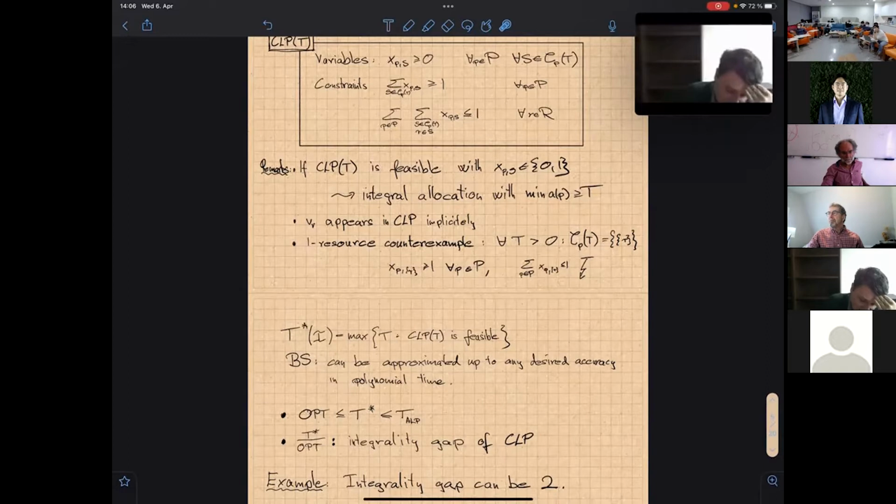So it means that if, for example, you determine this T star up to delta precision, then you will have an idea about the integrality gap. That means that you have an idea about how large the optimum value is.